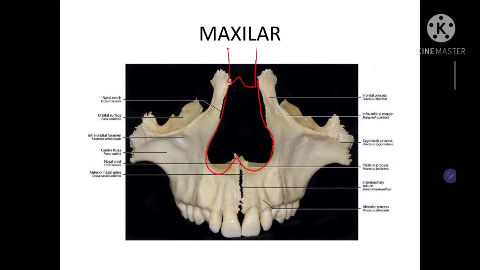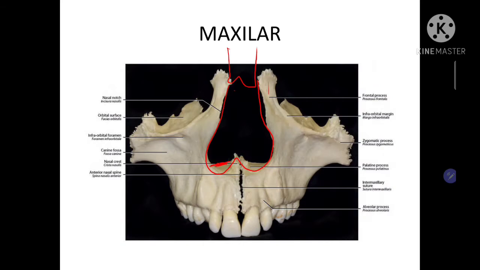So as you can see, both maxillary bones are going to make the lateral wall here. You see, this is the ascending process or frontal process of the maxillary bone. This is going to be the most anterior part of the lateral wall. And also, if you look down here, you're going to have the inferior wall, but not all the inferior wall.